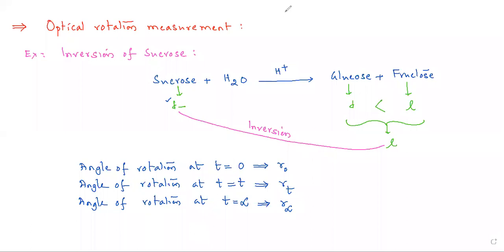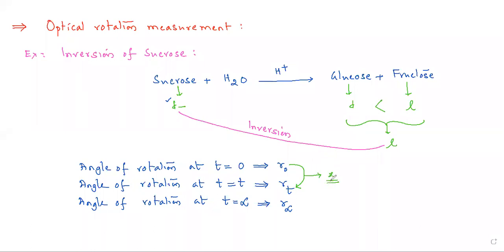Now, even here you need to be a little careful. If you want the amount of sucrose that has reacted during a time interval of t, then that has to be R0 minus Rt.